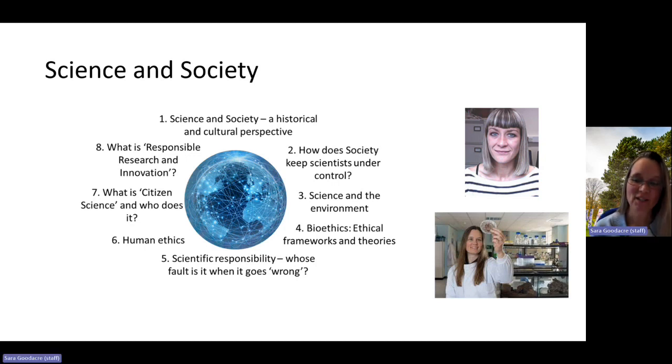And finally, we finish up with the formal concepts of responsible research and innovation, how we feel about the frameworks that we all exist as part of, and why hopefully we don't have to rely on individual trust that we might have in an individual scientist to behave in a certain way.